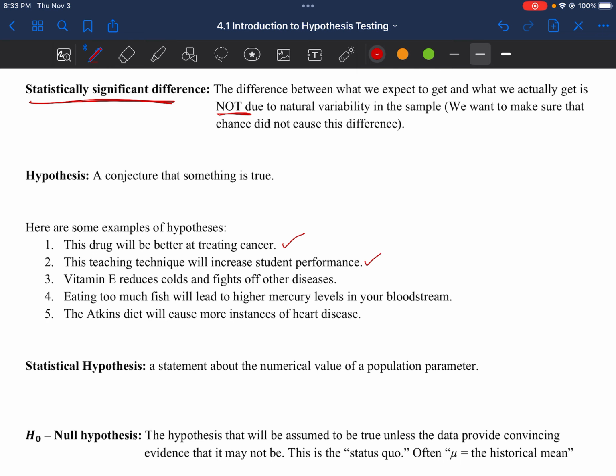There are some people who fight off colds and other diseases better. So how do we know that the results that we're seeing are from vitamin E, for instance, instead of the natural variability of some people to just better fight off colds and other diseases?